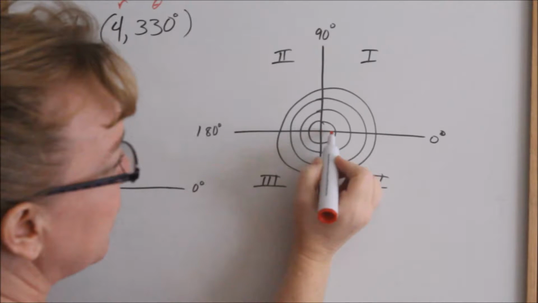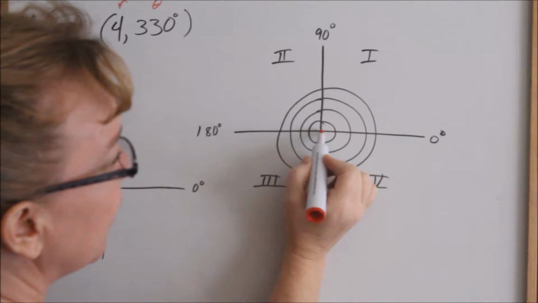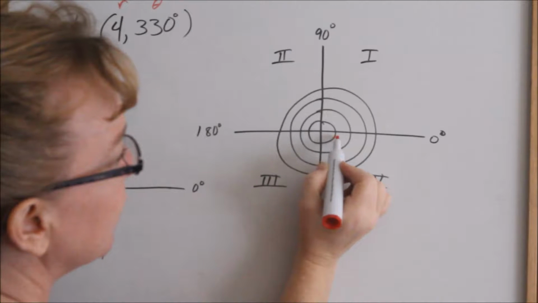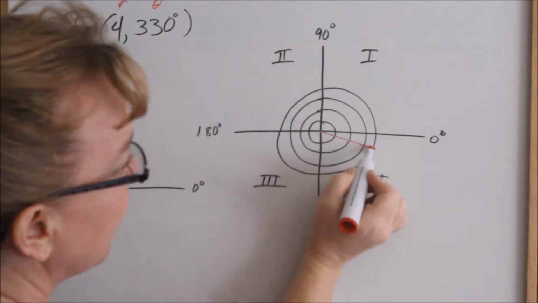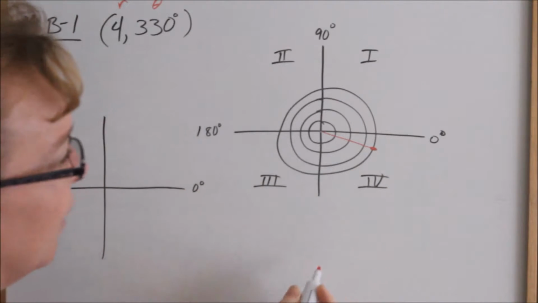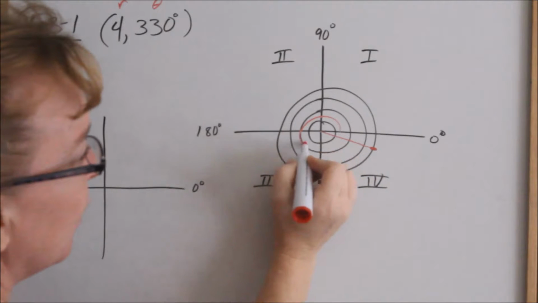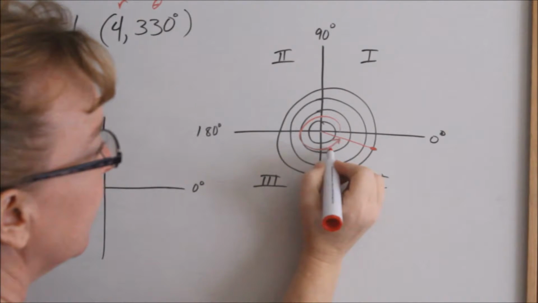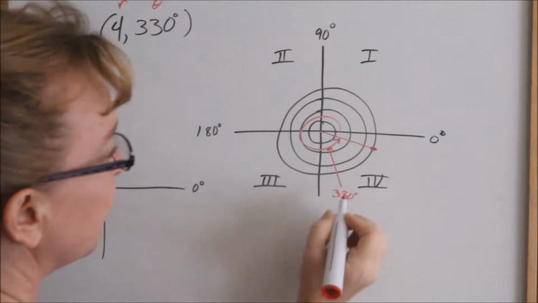So that would be somewhere in quadrant 4, about right here. So we can go here and then count out 4 circles. 1, 2, 3, 4. And this line right there would be about 330 degrees. So it means we started at 0 and we went around, and that rotation around would be 330 degrees.